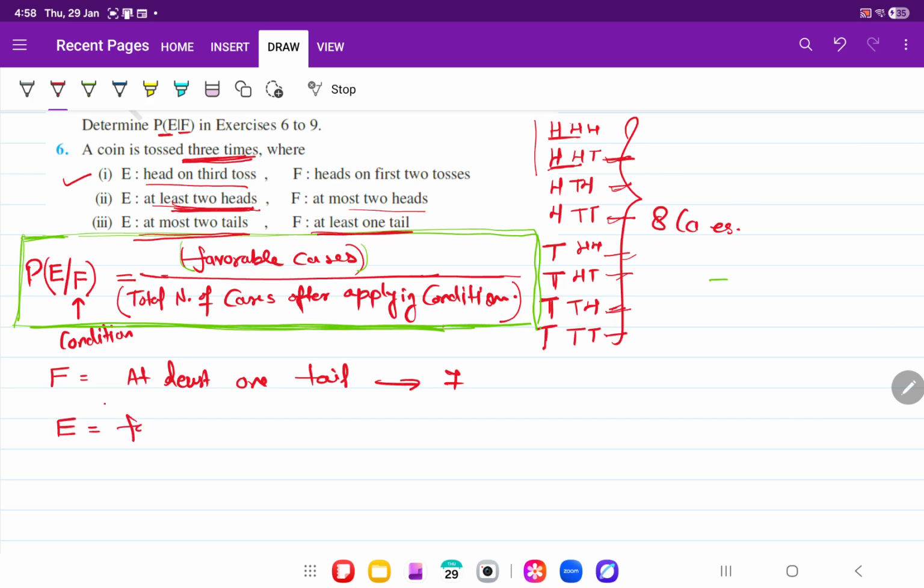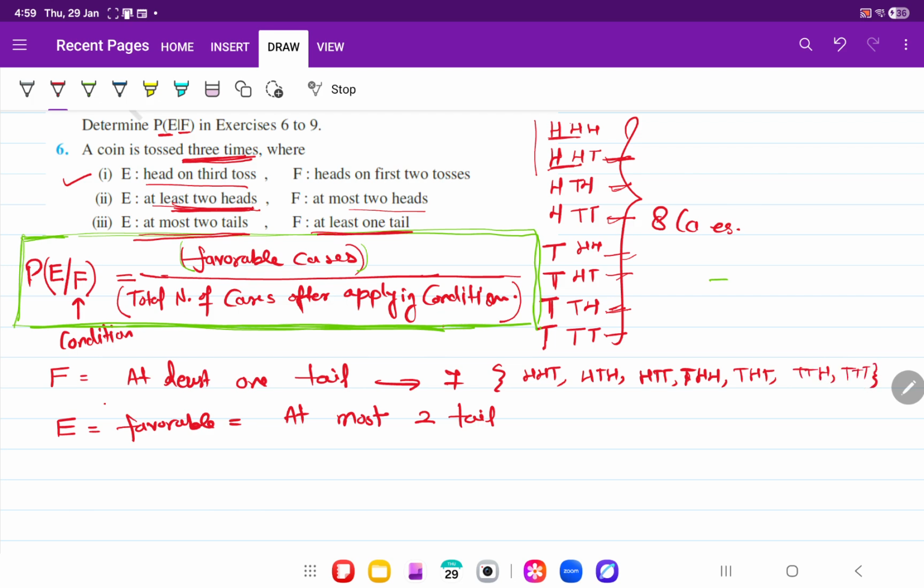And what is the favorable? E, meaning which one is favorable, for which we need the probability. That is at most 2 tails. So those 7 cases, let me write down which are allowed. HHT, okay, HTH, HTT or THH is allowed, THT is allowed, TTH is allowed and TTT.